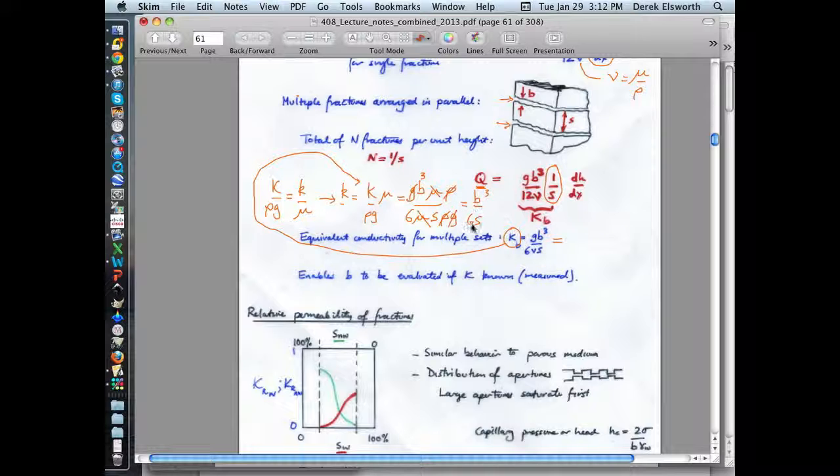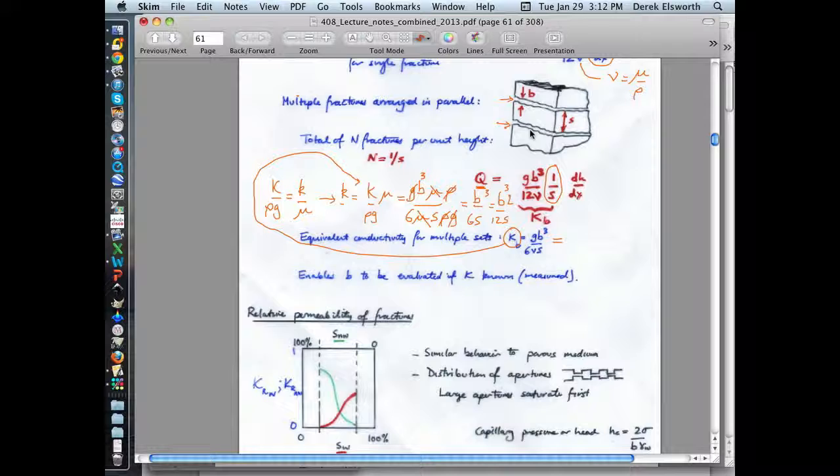The reason for 6s is that B cubed over 12s is equal to B cubed over 2 times 12s, multiplying top and bottom by 2.